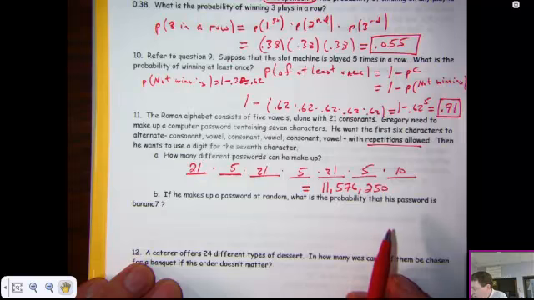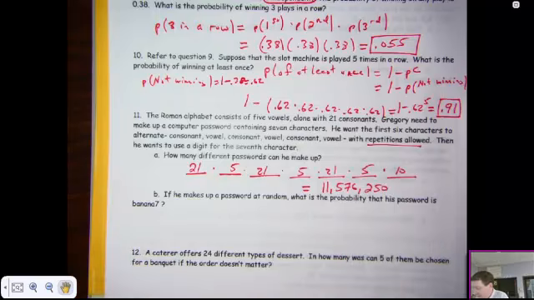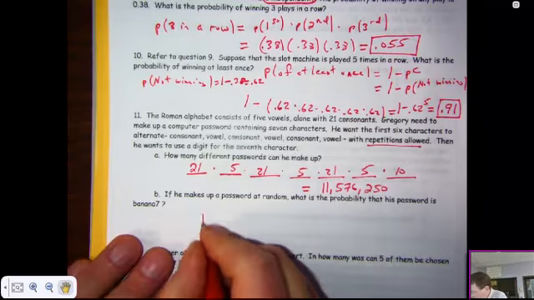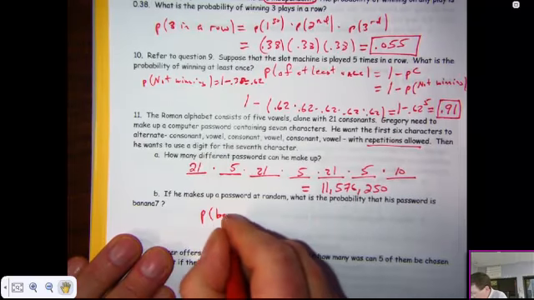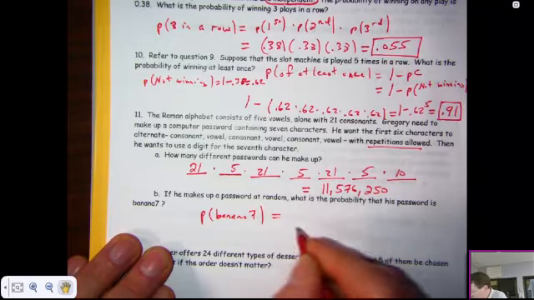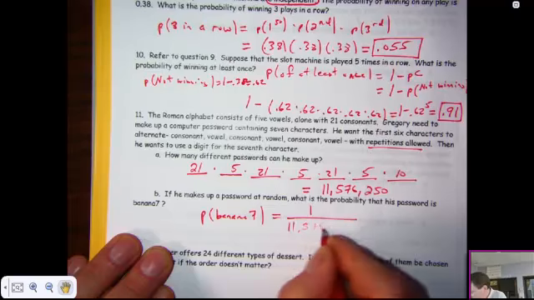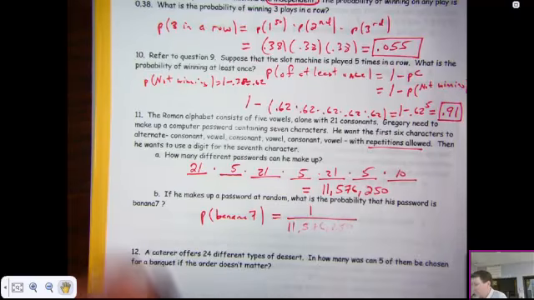On B, if he makes up a password at random, what's the probability the password is banana7? So the probability of getting that password is 1 out of 11,576,250.